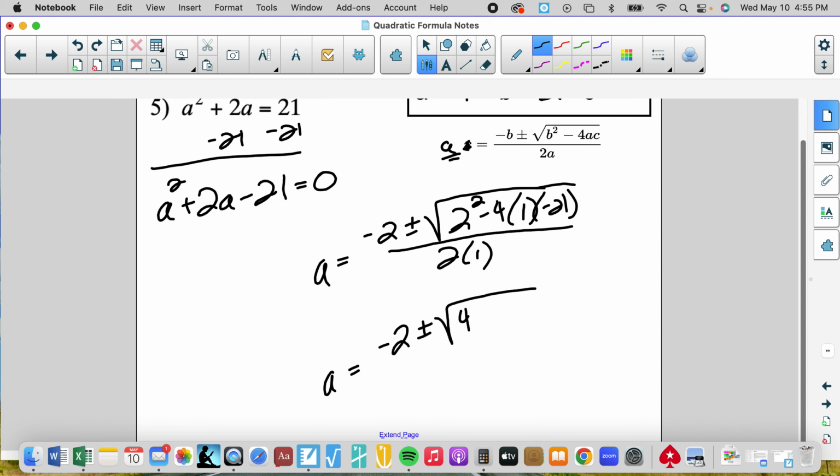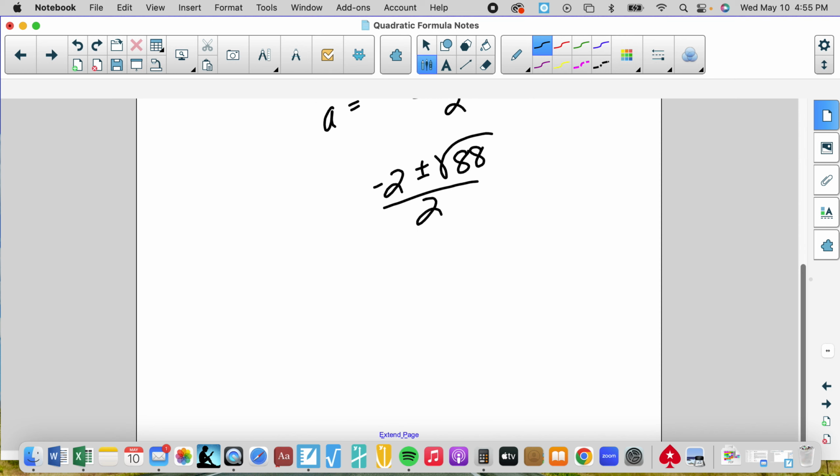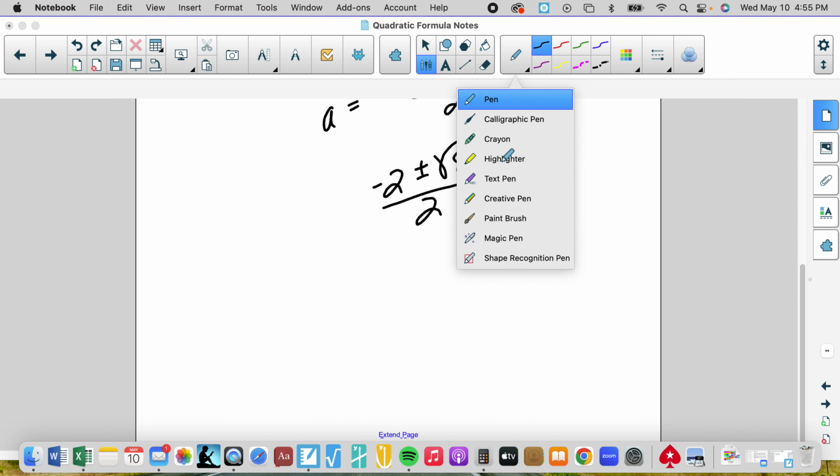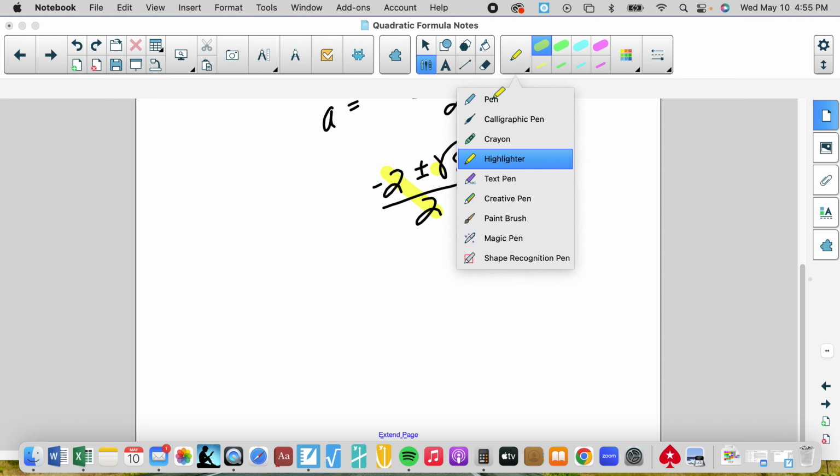Negative 4 times 1 is negative 4 times negative 21 is positive 84 all over 2. Negative 2 plus or minus, we got 88 over 2. I cannot cancel these at the moment. This is a good time to stop. I cannot cancel those. I cannot simplify them because it's being added. Can't divide when something's being added, so not yet.